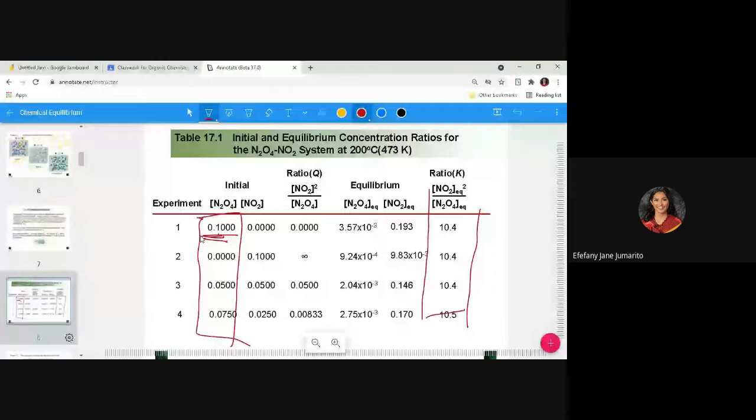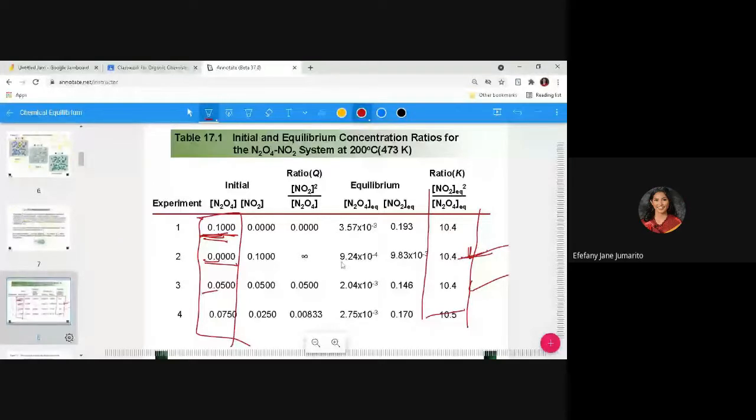We change our concentration of N2O4 and then we also change the concentration from 0.1 to nothing, still the same. Our equilibrium constant is still the same. Now when we increase it slightly, our equilibrium constant is still the same. So this table proves to us the theory that the equilibrium constant is the same no matter what the initial concentration is.